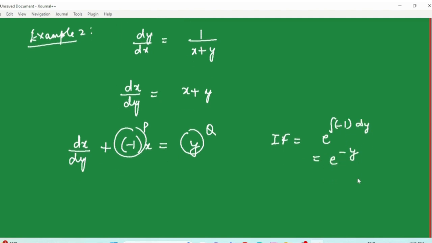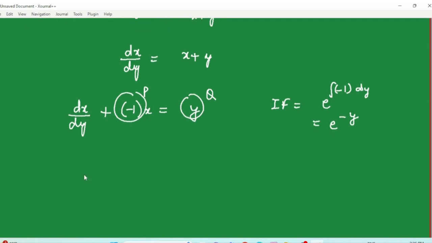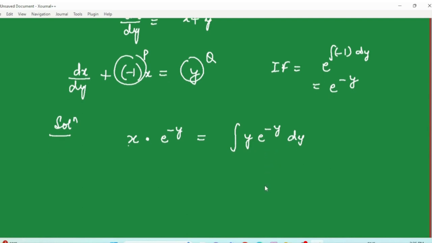So the solution, instead of doing it by reducing it to separable, I can look at it the linear way and solve it using the linear method of solving differential equations. So my integrating factor is e to the power minus y, and hence my solution will be x, the dependent variable, into the integrating factor is equal to the integral of the right hand side into the integrating factor dy. Now this is a very easy integral if we know by parts.